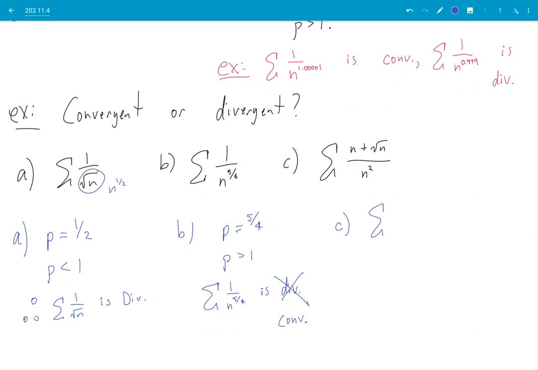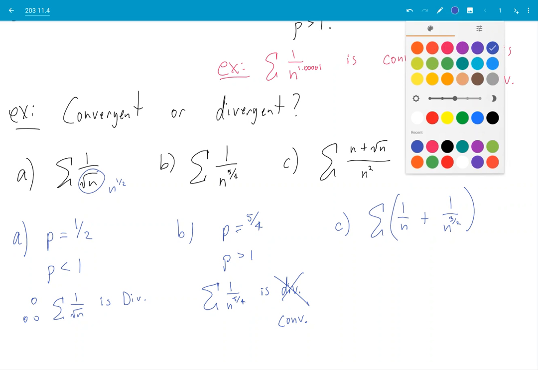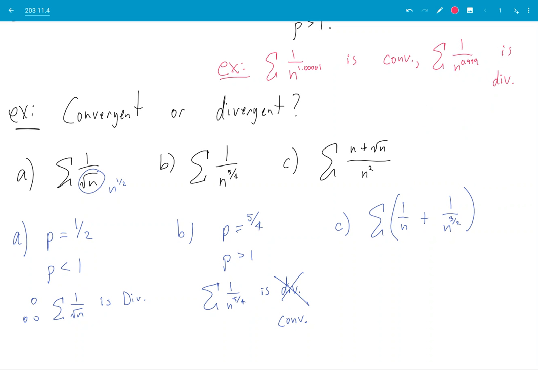C, I'm going to break it up. I get 1 over n plus 1 over n to the 3/2. Now what's happening here? We have two different p-values. This p-value suggests convergence, but the p-value of 1, which is here, suggests divergence.